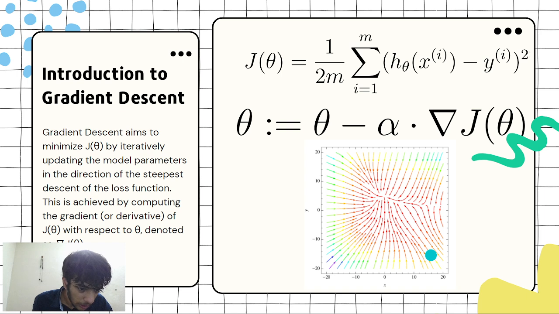Suppose we start over here. Even though initially we're not pointing towards the global minima, also, if you notice, all of these tracks end up going to one point, which is this. And at this point, if you calculate the gradient of J of theta, it will come out to be zero.